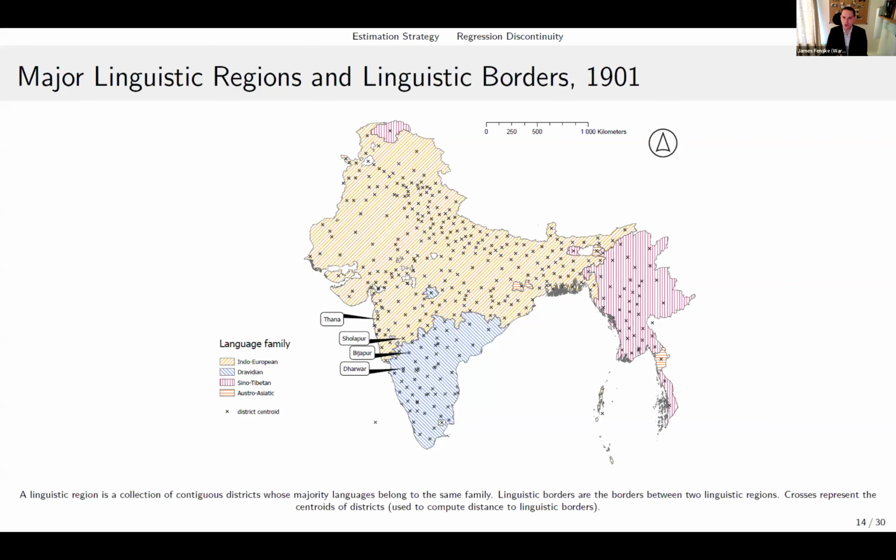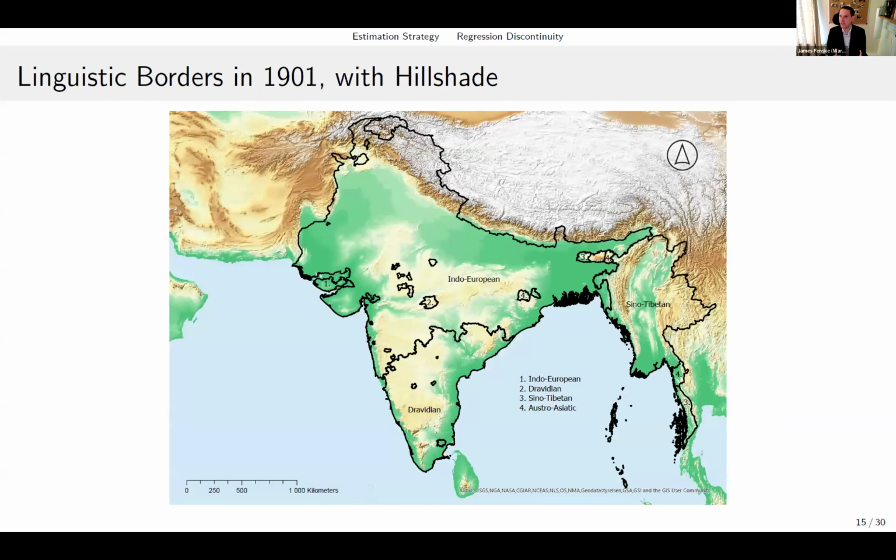boundary. You're looking probably over at the right-hand side of the figure and asking, well, why don't you do the same thing with the Sino-Tibetan versus Indo-European boundary? And that's because of this, that the Indo-European Dravidian boundary cuts not only through the Bombay Presidency, it also cuts through the Deccan Plateau. It's not a geographic boundary.